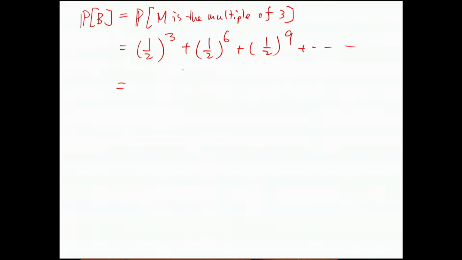And this summation, again, we put the first term divided by 1 minus the ratio, which is 1/7.